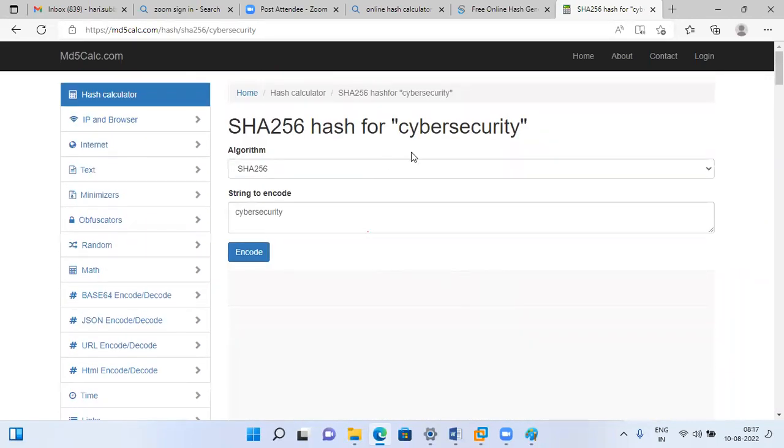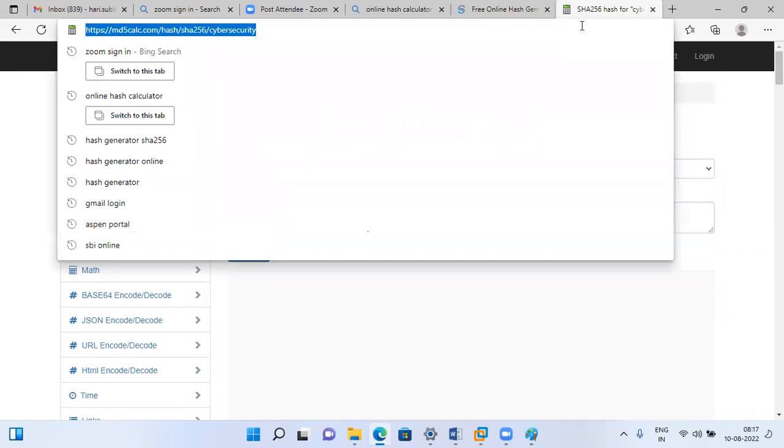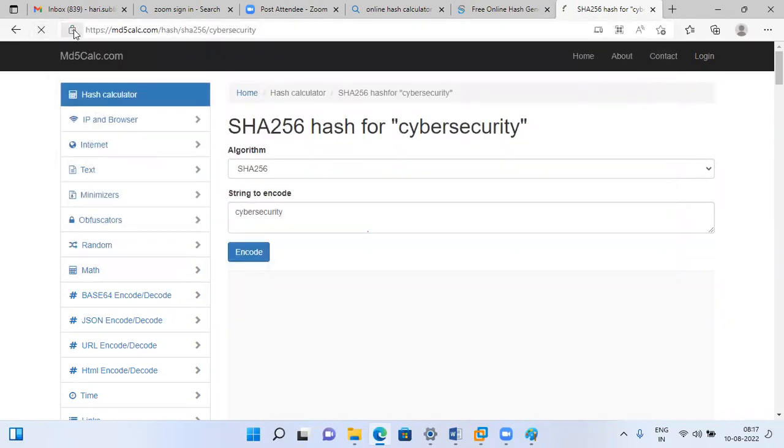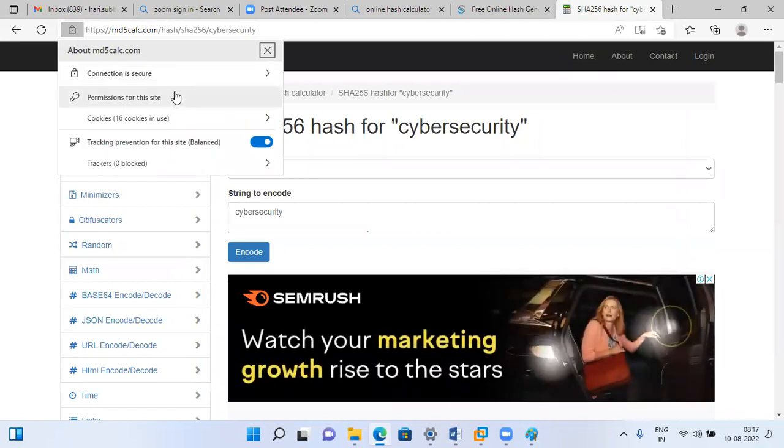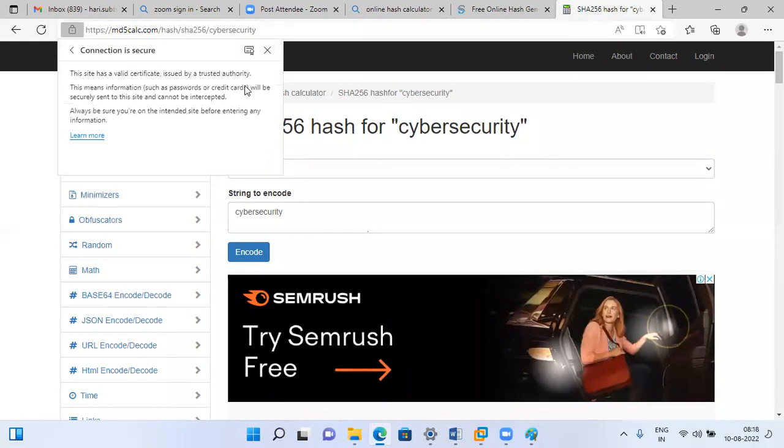Fair enough. Now, how do you find out these hashing algorithms, encryption algorithms, asymmetric algorithms, symmetric algorithms for a website? Already we have seen that. Say for example, the same website you take, MD5 calc, click on the lock icon, go to the certificate details, connection is secured.